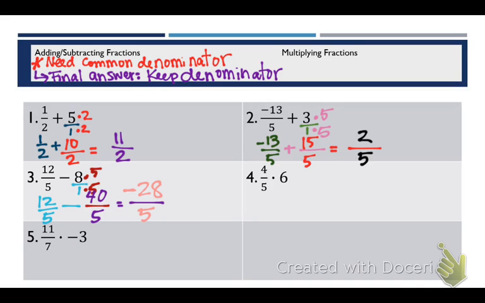All right, then you're going to write multiplying fractions, like I have at the top. Multiplying fractions. We're almost done. So do you need common denominators when you're multiplying fractions? No. So don't need common denominator.